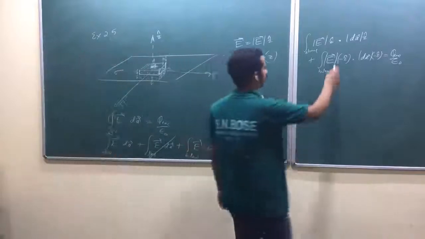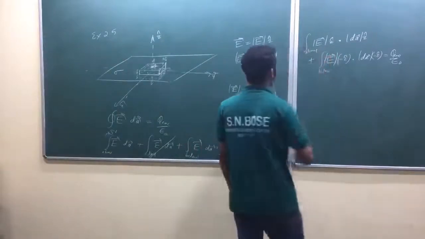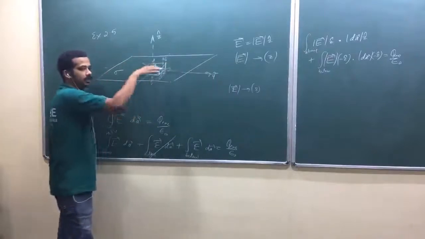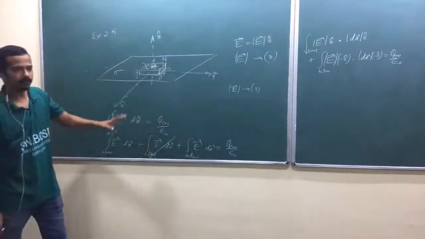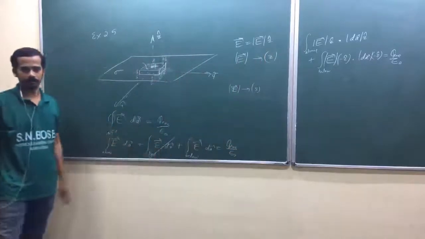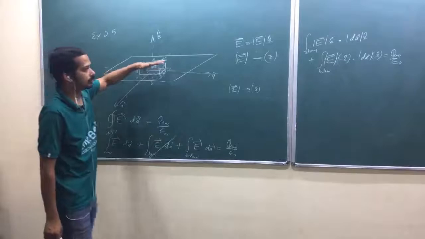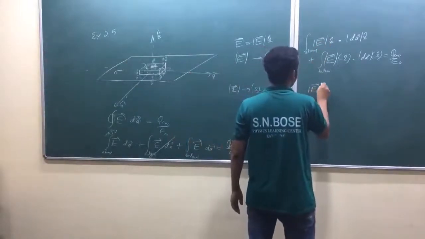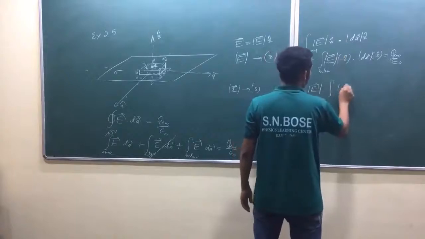Now look here, what is this? The electric field is constant throughout this surface. This is a surface of constant z value, and if there is any possible dependency, it should depend on z, isn't it? So the electric field is constant throughout this above surface and you can take it outside: mod of electric field times the integral of mod of dA.